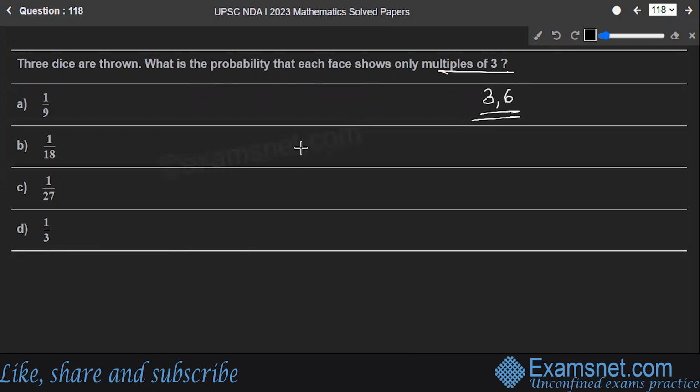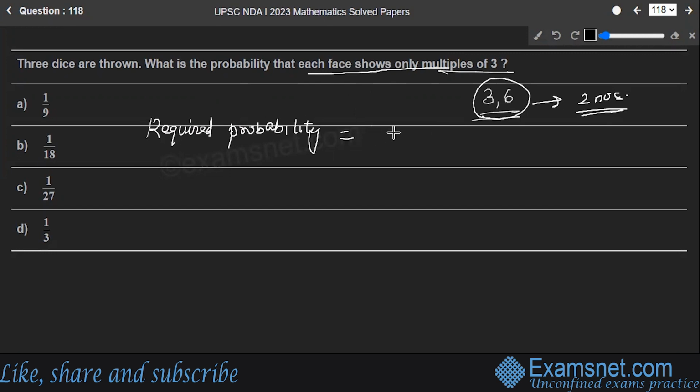So the required probability that each face shows only a multiple of 3 is given by the number of favorable cases, that is two numbers, upon the total, that is 6 numbers. So 1 by 3.